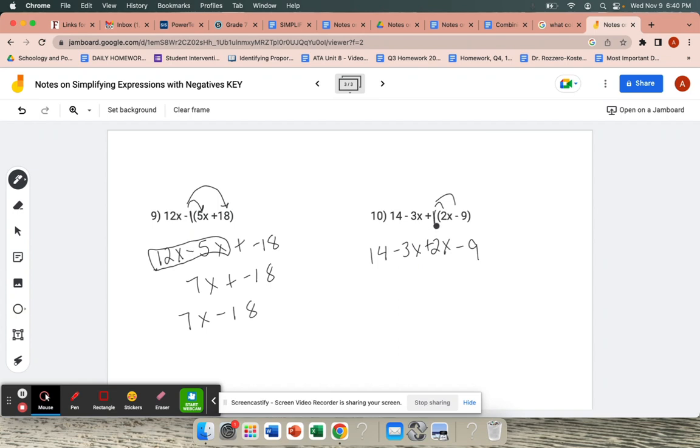Now we can combine like terms. Negative 3x plus 2x is negative 1x or negative x. And then 14 minus 9 is 5. Positive 5, so it's negative x plus 5. And that is how you distribute and simplify expressions using negatives.